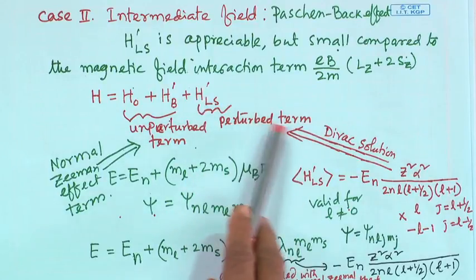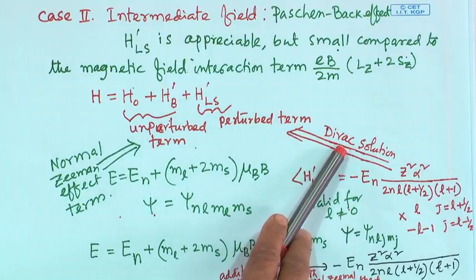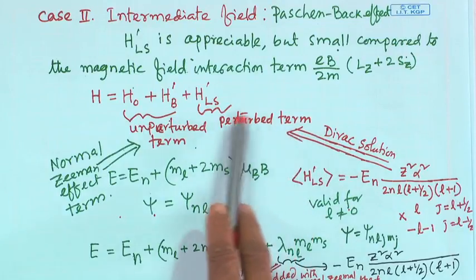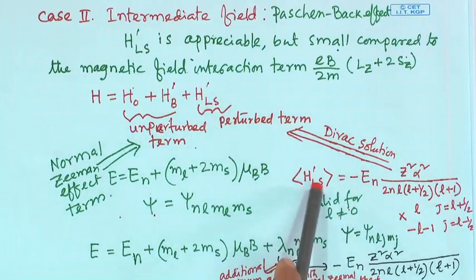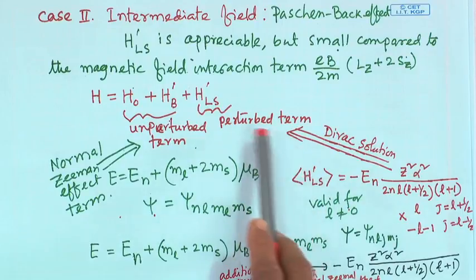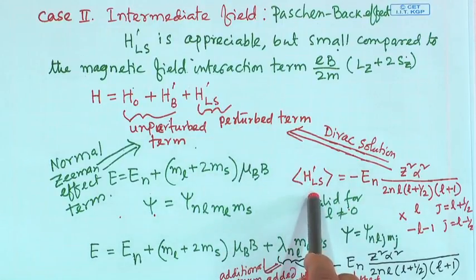So, from the Dirac Hamiltonian, using that Hamiltonian and the Dirac solution, we know this term if we calculate this perturbed term.